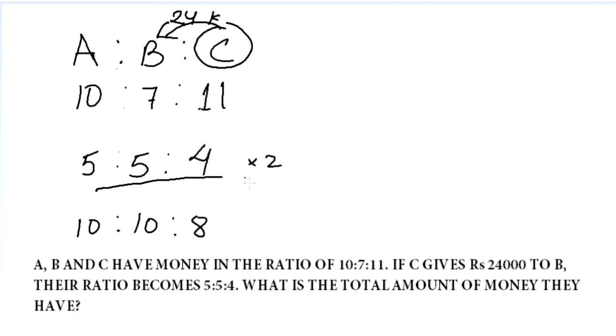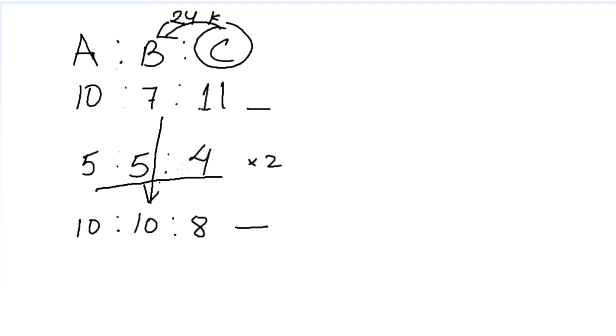So multiplying by 2, we get 10 is to 10 is to 8. You can see from 11 to 8, it decreased by 3, and from 7 to 10, 3 increased.